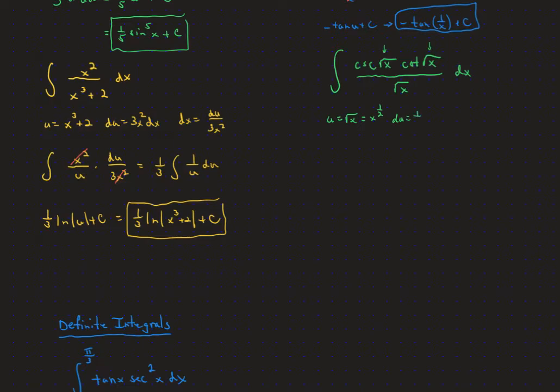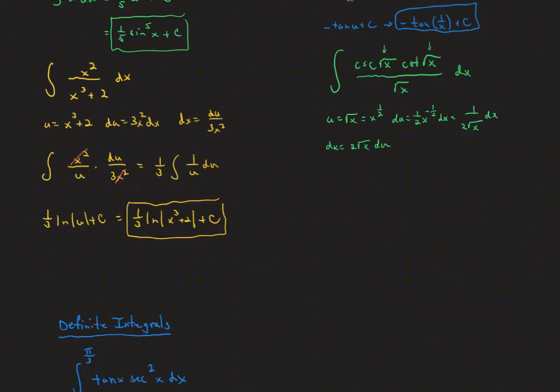That's going to make du 1/2 x to the negative 1/2 dx, or it might be easier to look at that as 1 over 2 square root of x. So the negative 1/2 power goes into the denominator with the 2 from the 1/2, and the 1/2 power is a radical. So to solve for the dx, we're going to multiply the 2 square root of x over to the du side.